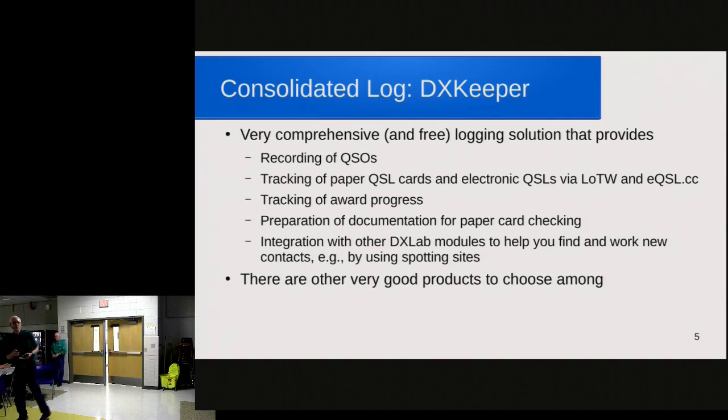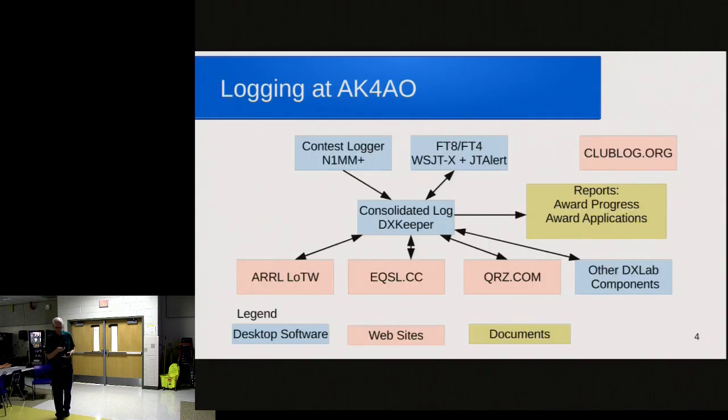I spoke to someone earlier in the month who is just using his contest logger, and that's the only online logger he uses, and that could be fine except for one scenario that I would struggle with. I get in a contest and I get the log all done, submit it, it's fine, I tuck it away, and now 2 years later the ARRL QSL Bureau sends me a fat envelope, and there are a bunch of cards that say please QSL on them, from 2-3 years back.